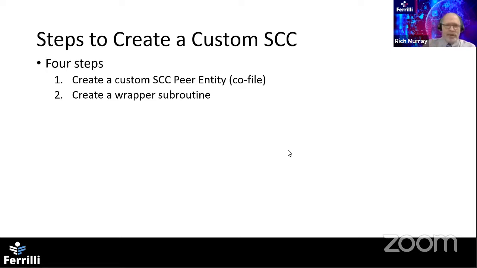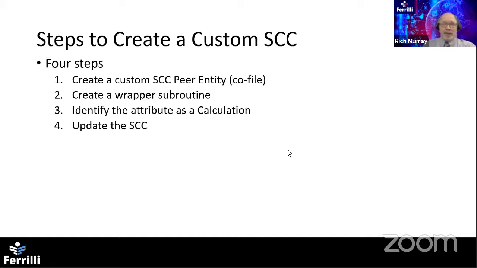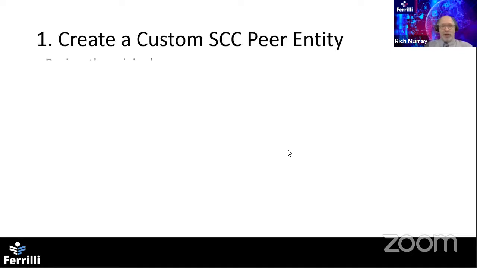I'll talk more about that later. We need to identify the attribute as a calculation. So we're going to put attributes in that peer entity that we're creating, and one of those attributes we're going to define as a calculation. And then finally, we need to update that stored computed column peer entity. So I'm going to take this slideshow, steps 1, 2, 3, and 4, and hopefully that'll give you everything you need to create your own stored computed columns.